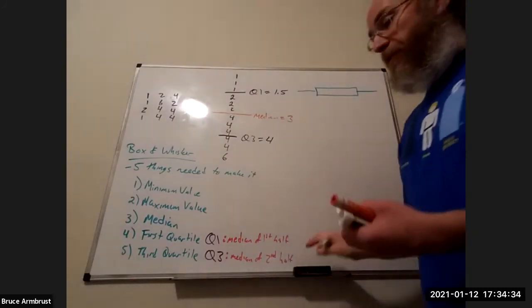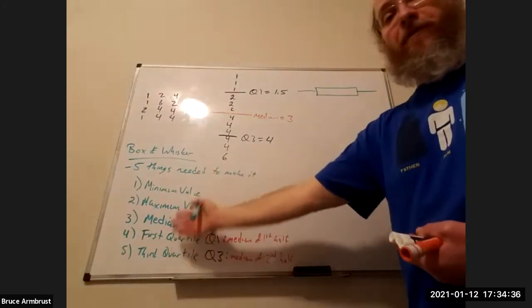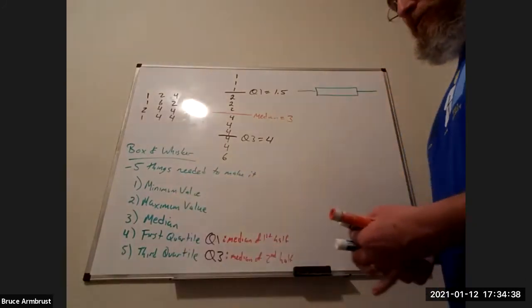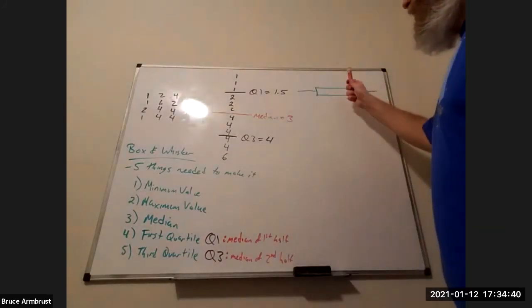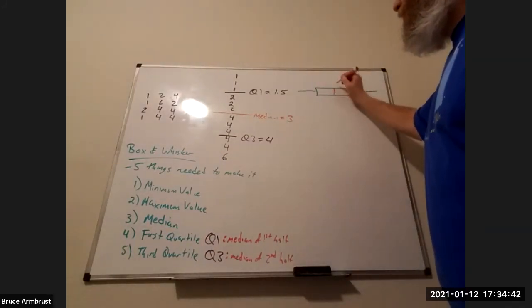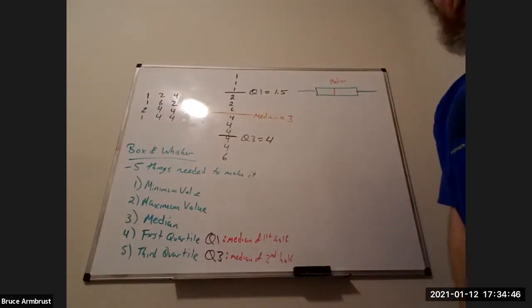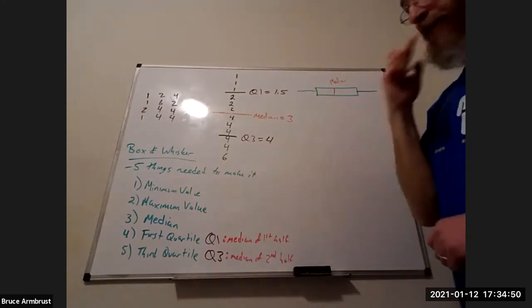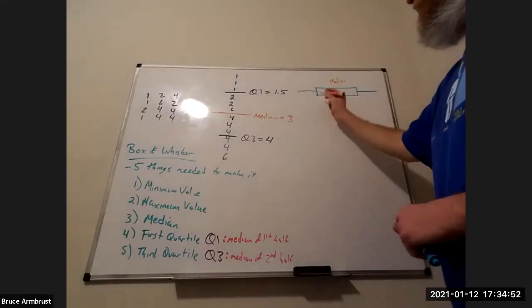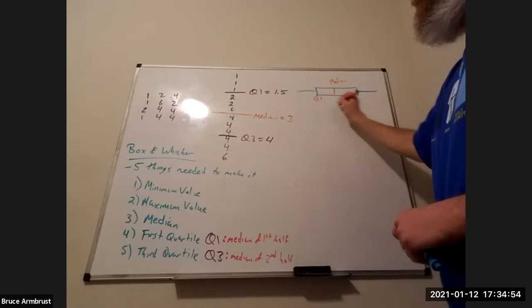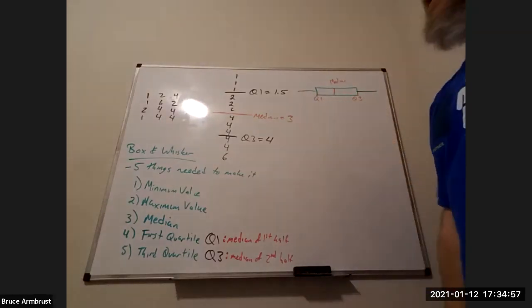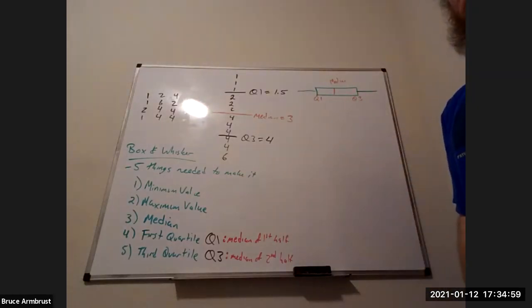Now, where everything goes, because remember I told you you need to know 5 values to do this. In the middle of the box is our median. So that's going to be somewhere in the box. The 2 edges of the box are going to be our quartiles.